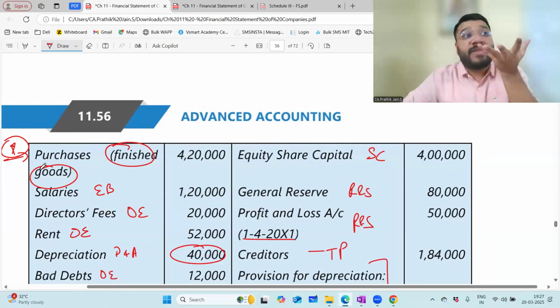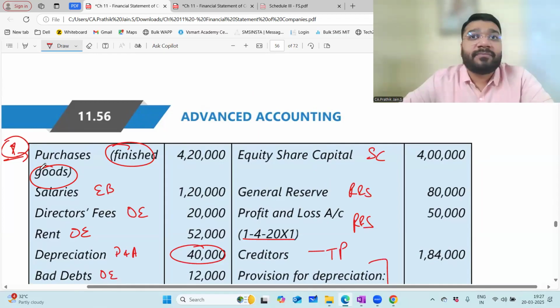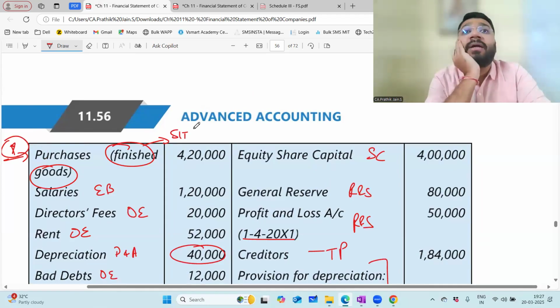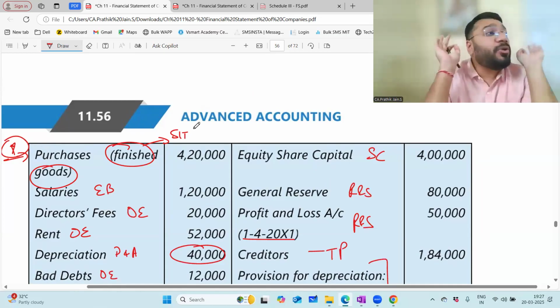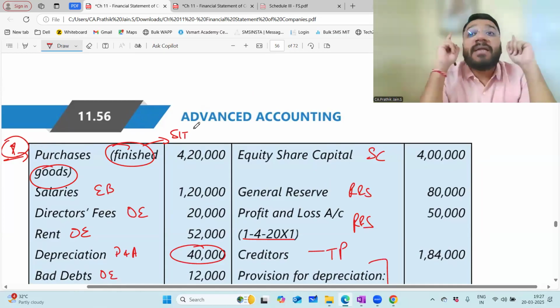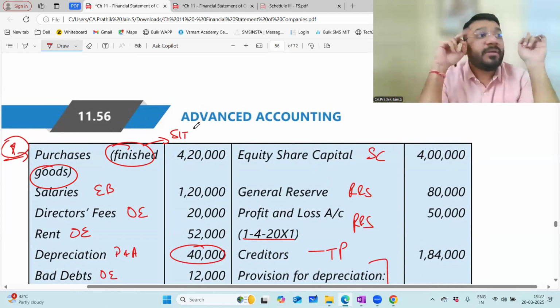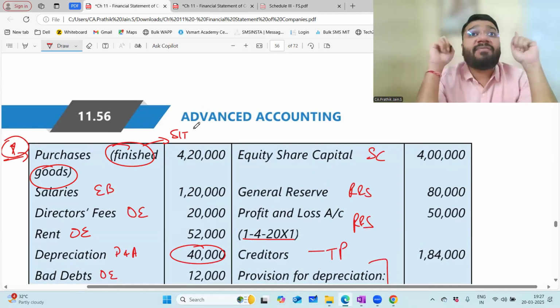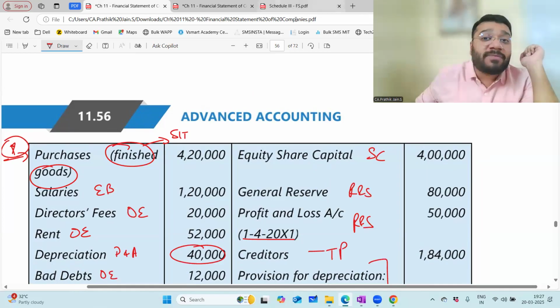A manufacturer will produce the finished goods. So this is nothing but stock in trade. As per Schedule 3, only raw material can be shown at the adjusted value, that is opening stock plus purchases minus closing stock. Whereas for stock in trade, I want it reflected at the gross value.